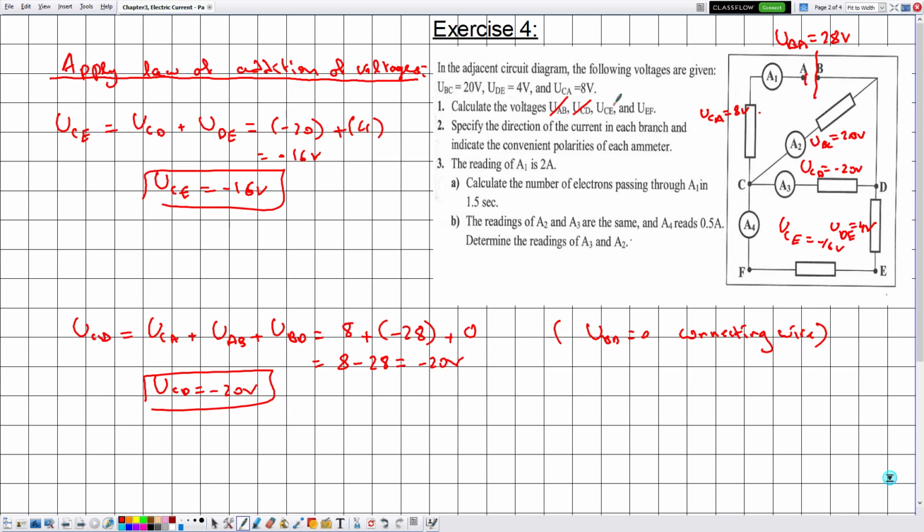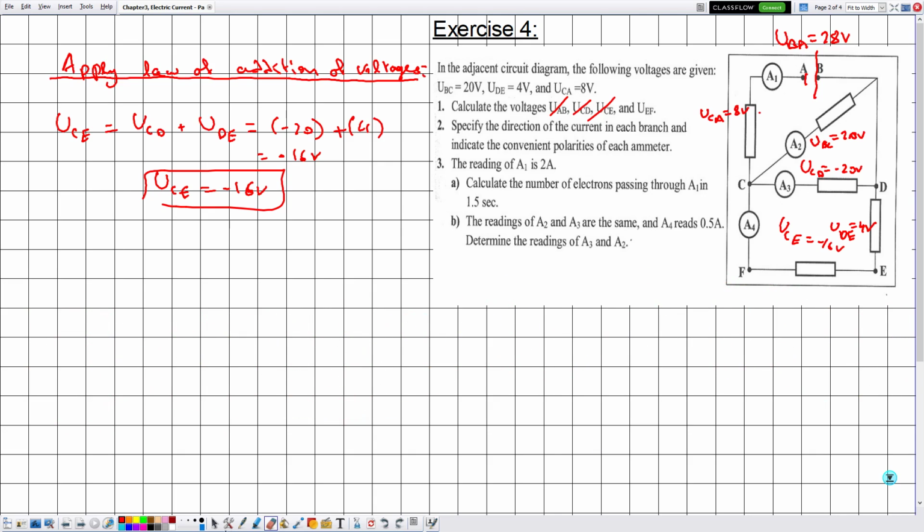And finally we need to determine UEF. So let me apply the law of addition of voltages.